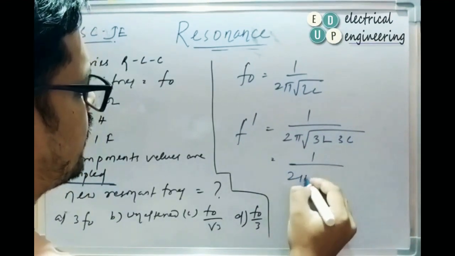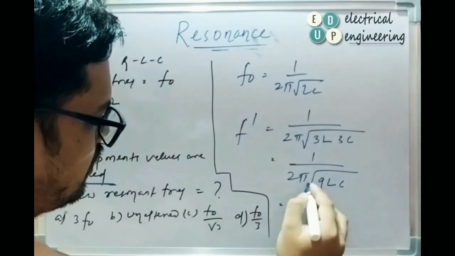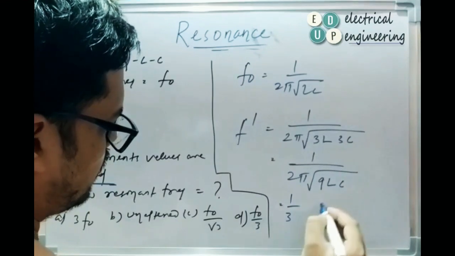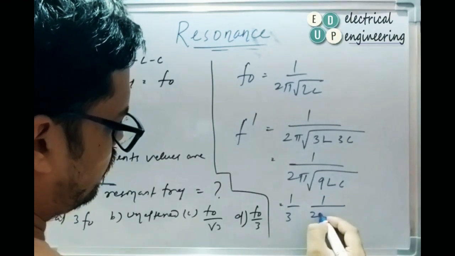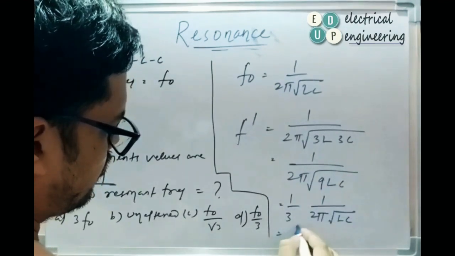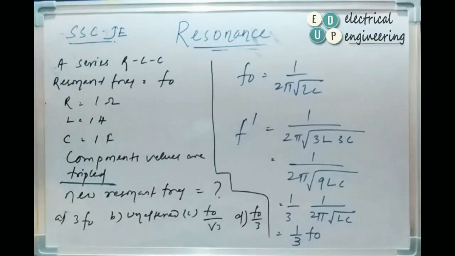That will be 1 by 2 pi root over of 9LC. Root over of 9 is 3, so it will be 1 by 3 times 1 by 2 pi root over of LC, and this is F0, so 1 by 3 F0. So the answer will be D, F0 by 3. Very easy one. Let's go to the next question.